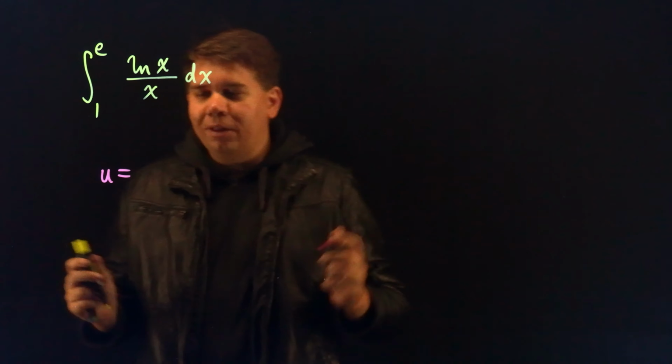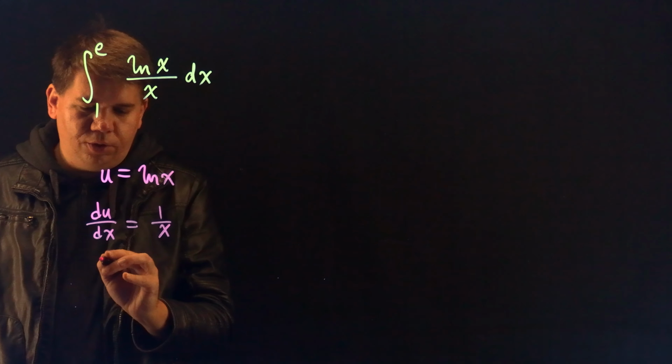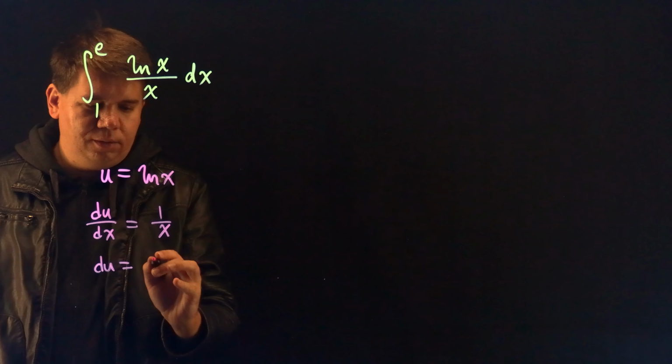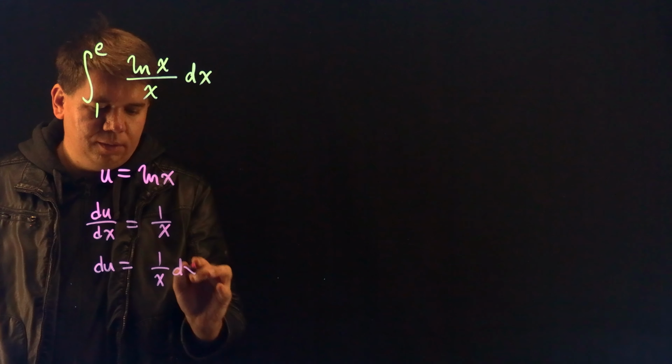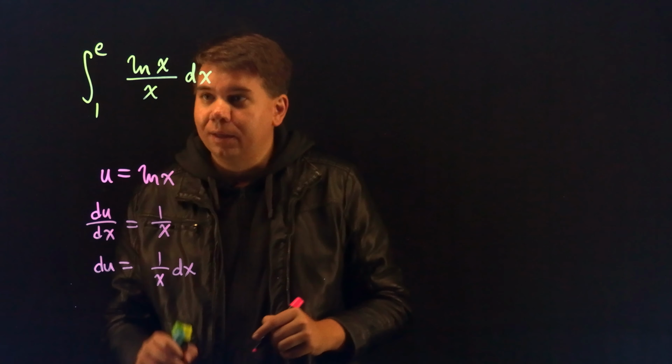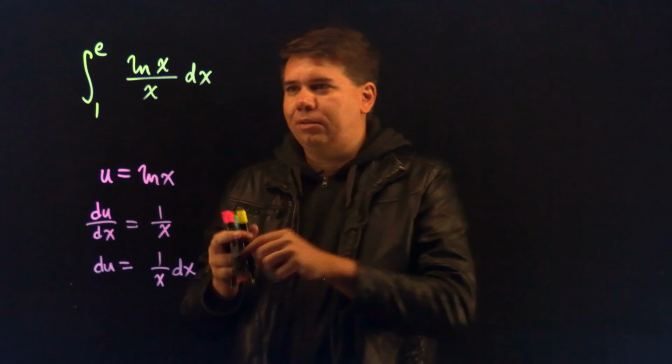Because if we make u equal ln of x, then notice what you have. The derivative of u, your du/dx, is 1 over x. And so your du is just 1 over x dx. I move the dx to the other side. And here I have a 1 over x, right?